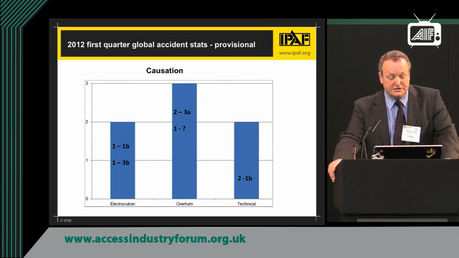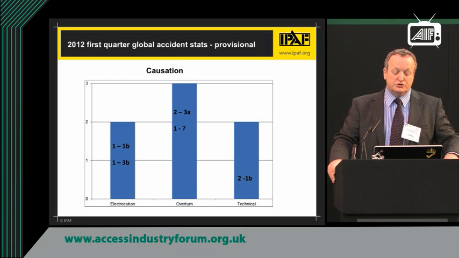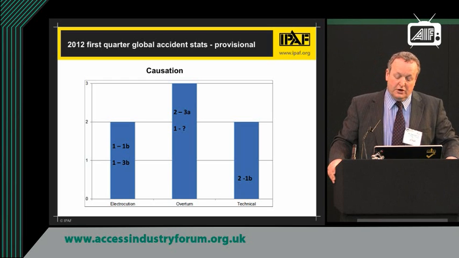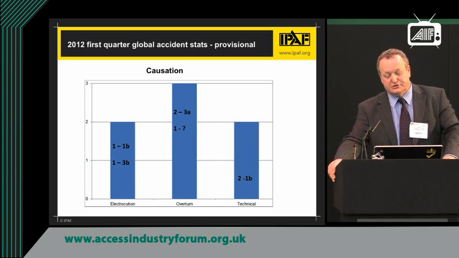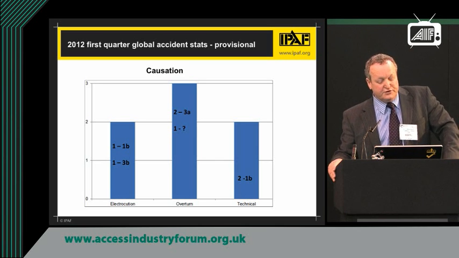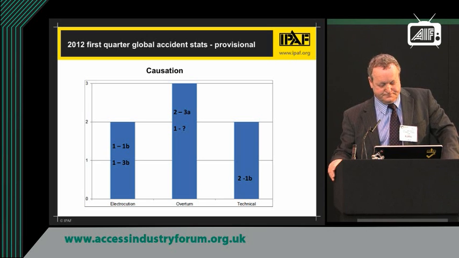And the fatalities were caused 2 by electrocution, 3 by overturns, and 2 of a technical nature. I will also say, of the accidents that were reported, of the 7 accidents, 1 took place in Australia, and the 6 others that we know of took place in the United States of America.